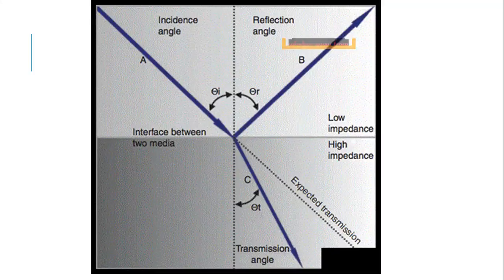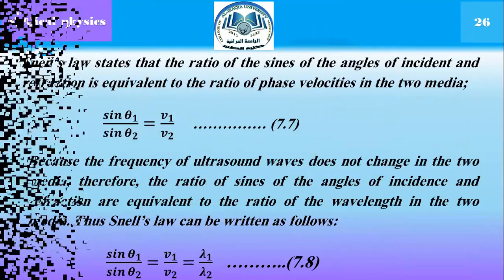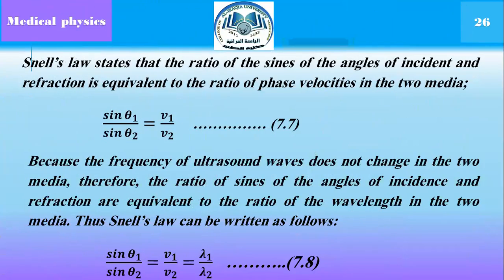Snell's law states that the ratio of the sines of the angle of incidence and refraction is equivalent to the ratio of phase velocities in the two media. Sine theta 1 divided by sine theta 2 equals velocity 1 divided by velocity 2.